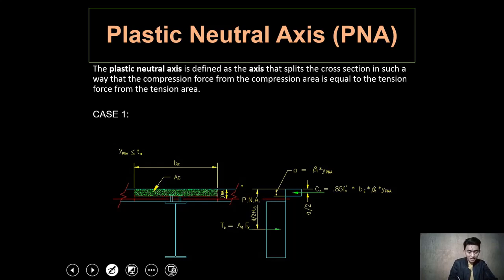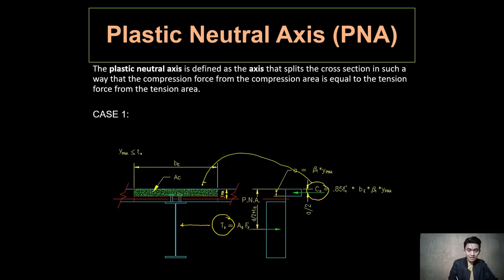If your plastic neutral axis is located on your concrete slab, of course, you will have here your tensile force, which will represent the steel part of your composite beam, and then we have here your compressive force, which will represent the concrete part of your composite beam.